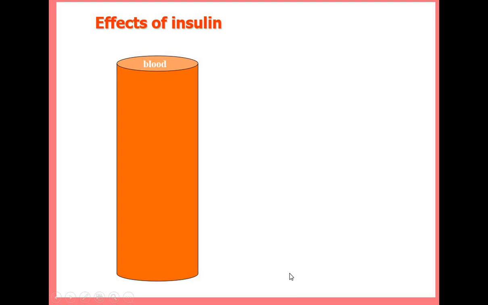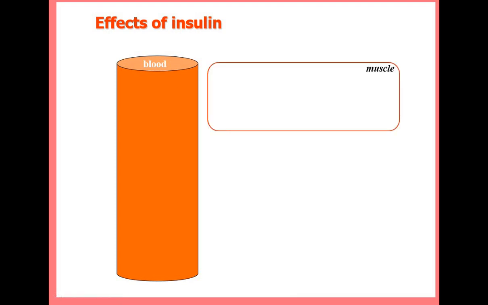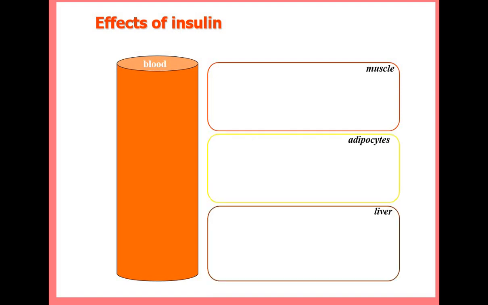So, major effects of insulin, physiological effects of insulin. There are three target cells which we are going to discuss in today's lecture, that is muscle, adipocyte and liver, right? These three we are considering because they are major effector cells of insulin.